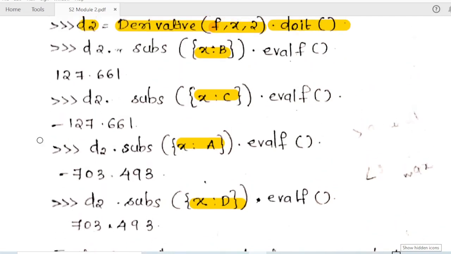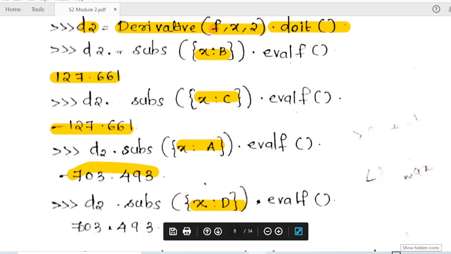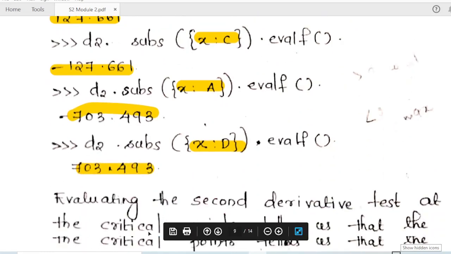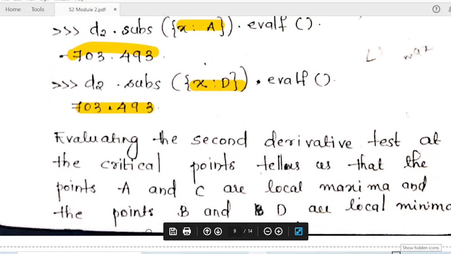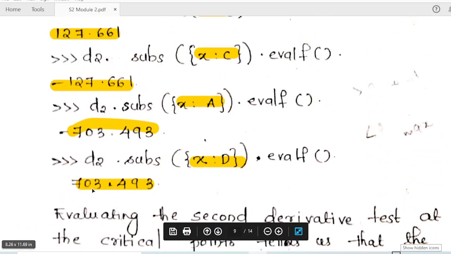We can see that for x equal to B we get minus 127.661, minus 703.493. So from these values we can see that the highest value is 703.493.